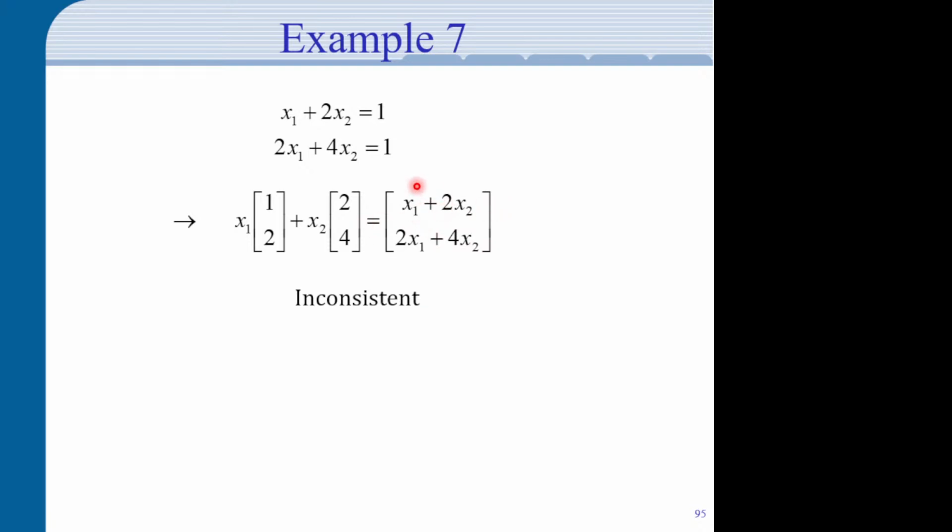There is no assignment of x1, x2 that sets this equal to the 1, 1 vector, because the second element is 2 times the first element. So the ratio should be 1 to 2, and you can never get 1, 1. But really, this is just writing your linear equation in a different way. Okay, any questions so far?